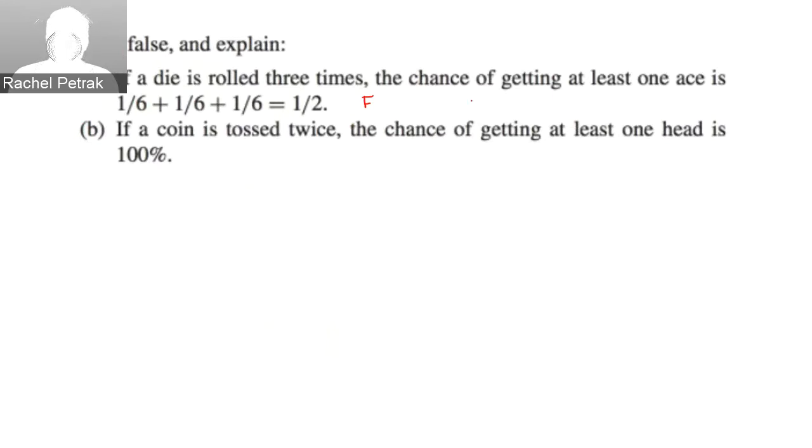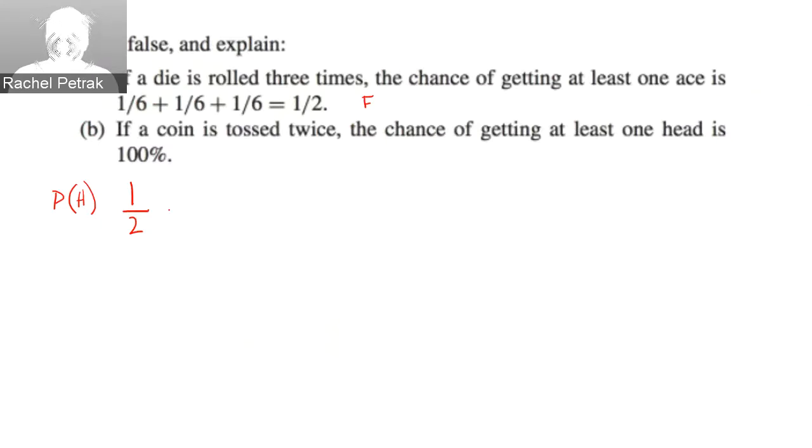So you could very easily get heads 2 times in a row, or tails twice in a row, because the probability of heads is 1 out of 2 for every single toss.